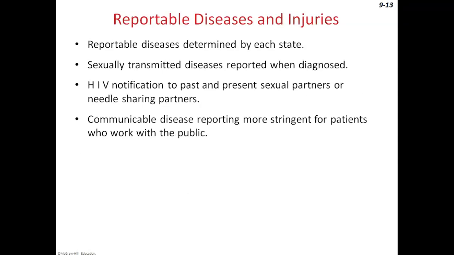Reportable diseases and injuries. Reportable diseases are determined by each state, but they usually contain things such as anthrax, botulism, brucellosis, cholera, diphtheria, which is whooping cough, hepatitis, HIV, different types of the flu, Legionnaire's disease, leprosy, Lyme disease, meningococcal disease, mumps and measles or rubella, pertussis, the plague, rabies, both small animals and humans, SARS, which is what our current COVID situation is based in, smallpox, tuberculosis, and typhoid fever.